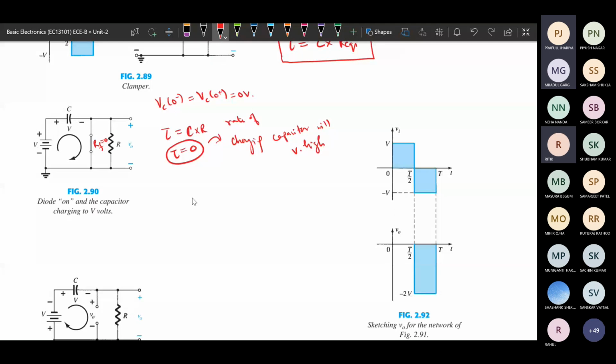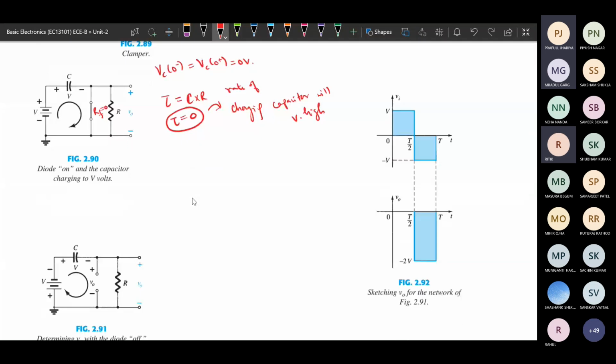In the other case, if it is in reverse bias, once it is charged, in the positive half, the charging of the capacitor takes place, and the same charge will be appearing at the capacitor. Now in the reverse case, when a negative voltage is applied at the input, this is negative and this is positive.